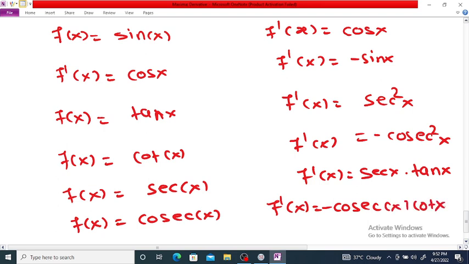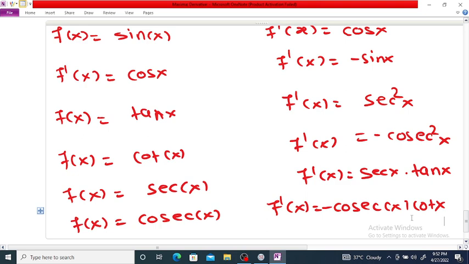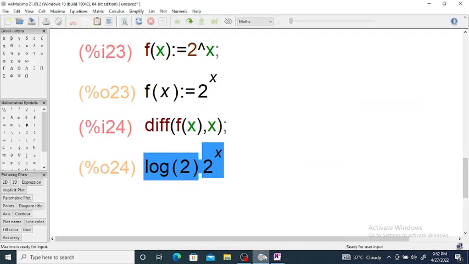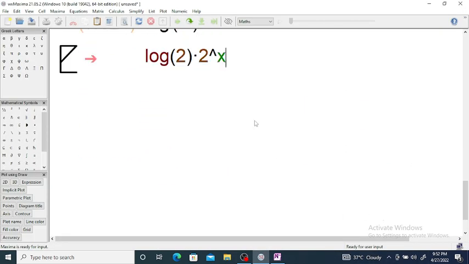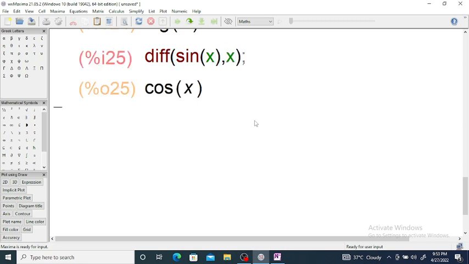Now, how do we find the derivative of trigonometric functions using Maxima? To enter a trigonometric function, you can write f of x is equal to sin x, or you can directly use differentiation, diff of sin x in the variable x.